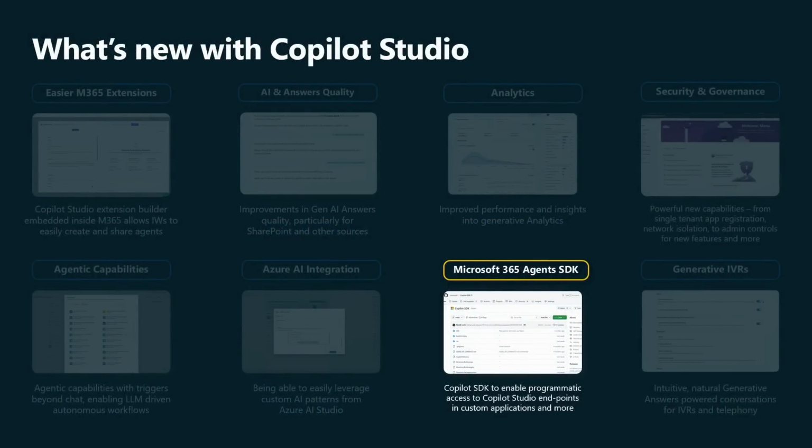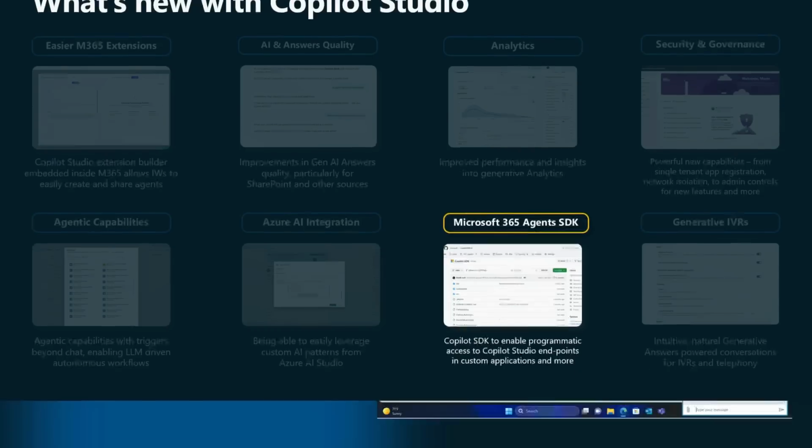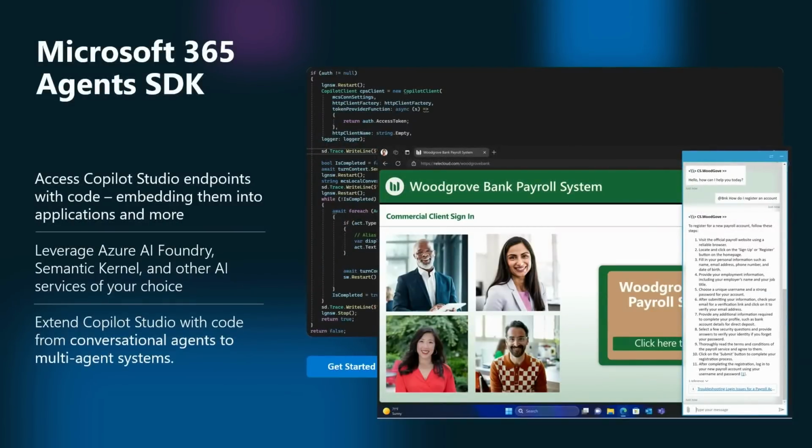OK, the next exciting thing is our new Copilot Studio SDK and developer experience. Copilot Studio now comes with a corresponding SDK. So you have the tool, you have a matching SDK. You will be able to use it to extend the Copilots you build in the studio with code-first extensions, or to access Copilot Studio endpoints and agents programmatically.